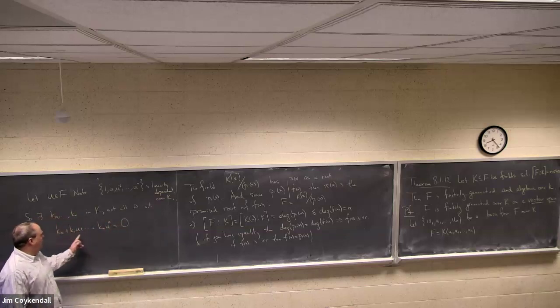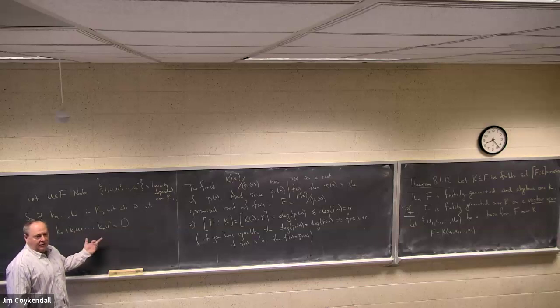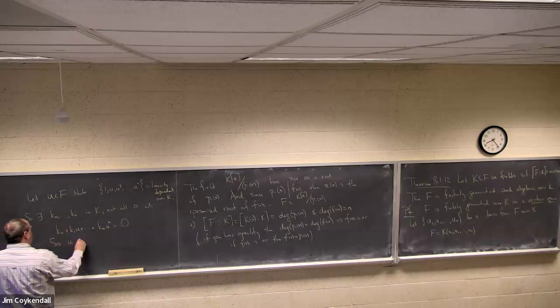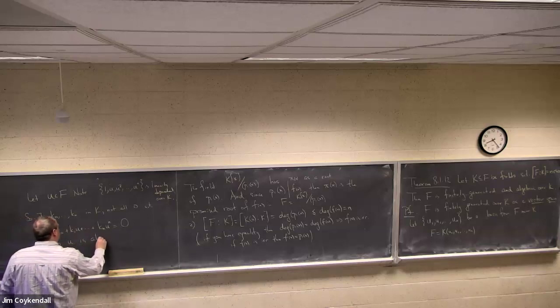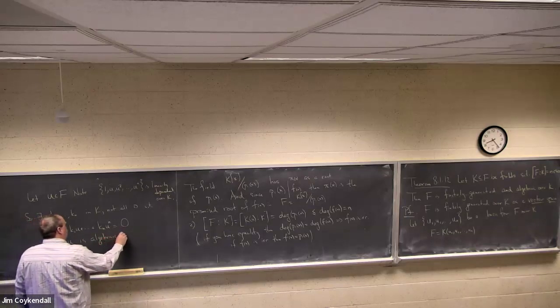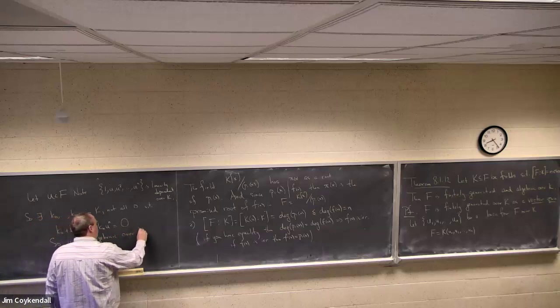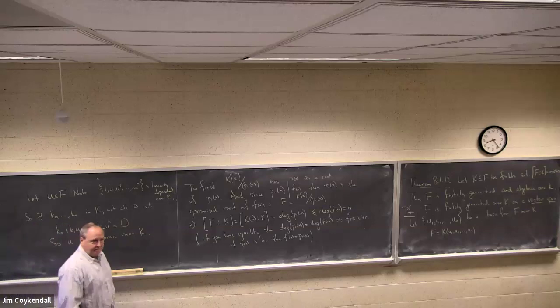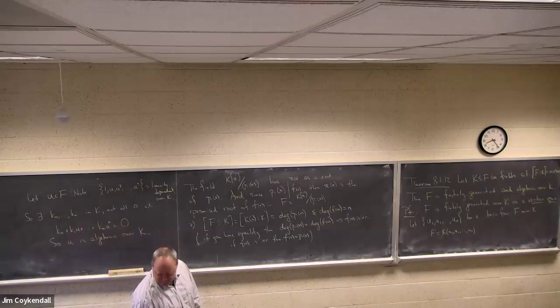And since these are not all zero, that gives you a non-zero polynomial relation on u. So u is algebraic over K. Right? Questions?